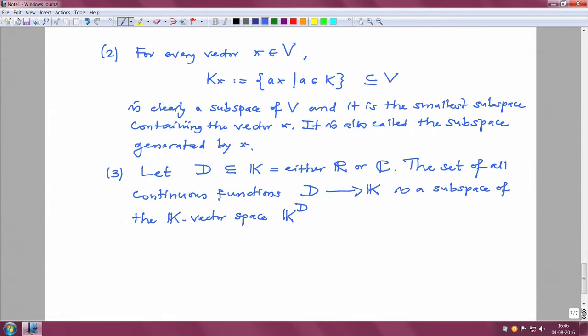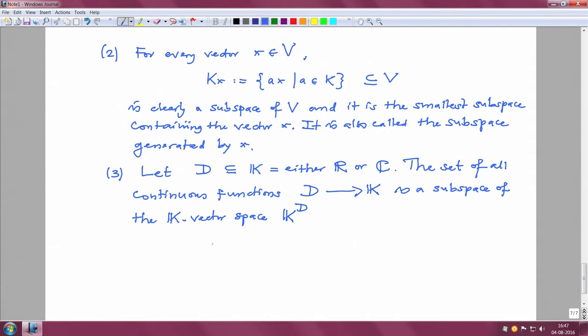So, this is immediate, because in the first course on analysis we check that the sum of two continuous functions is again continuous. A continuous function multiplied by a scalar is also a continuous function. So, therefore, by the subspace criterion, the space of all continuous functions on D with values in K is a subspace.